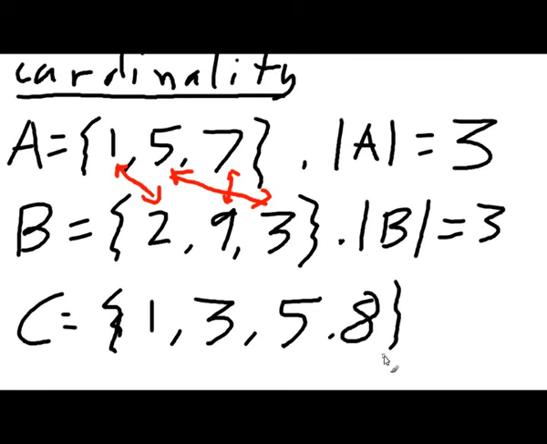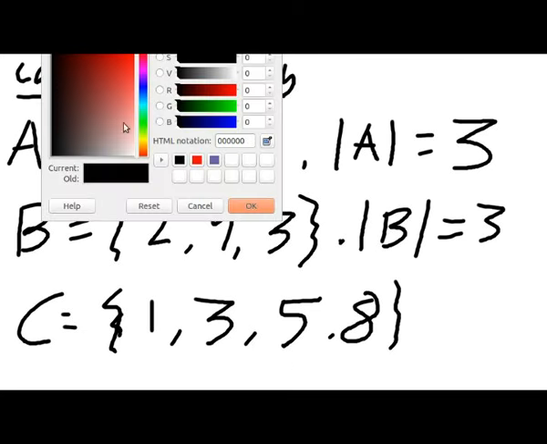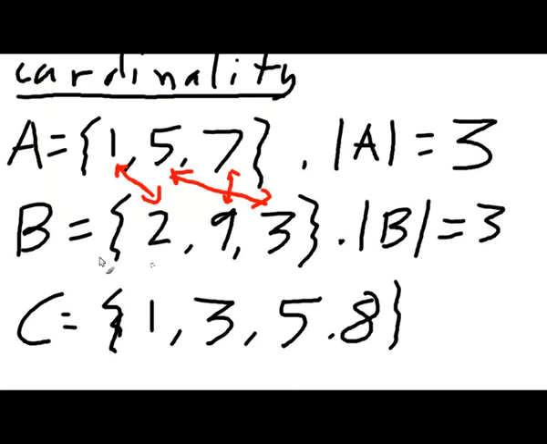And if I try to establish a one-to-one correspondence between the elements of set B and C, then what will end up happening is that I pair up 2 with 3, 1 with 9, and then 3 with 8.